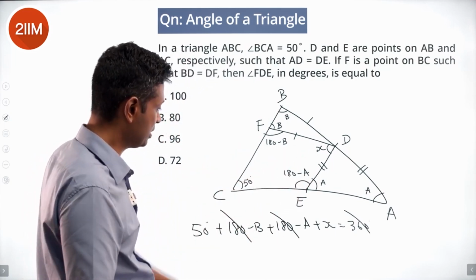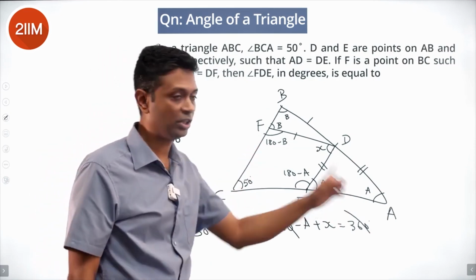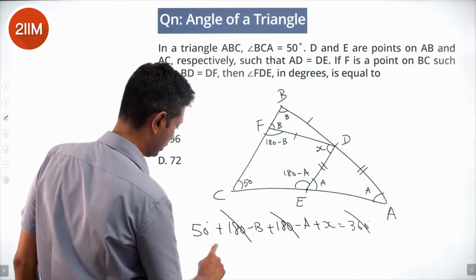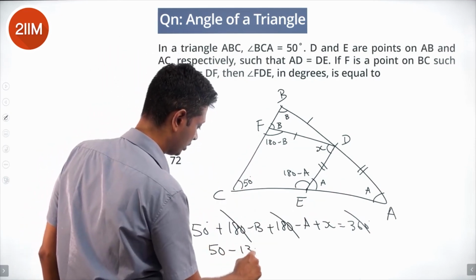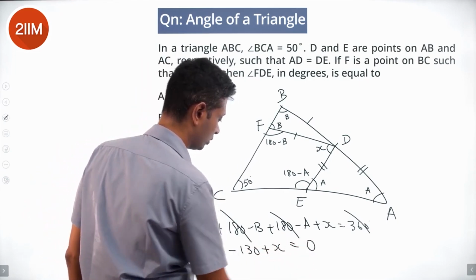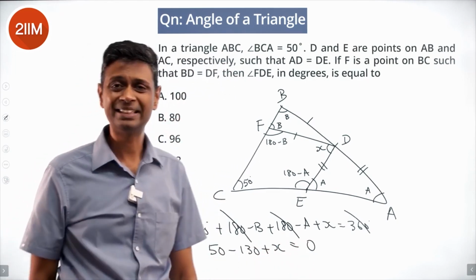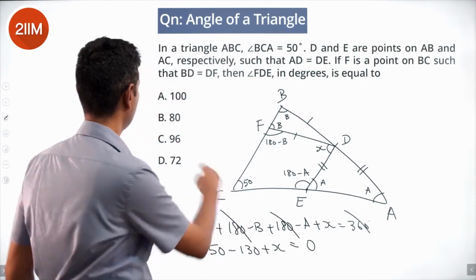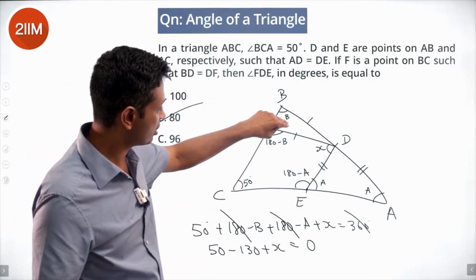A plus B is 130 degrees. So 50 minus 130 plus X equals 0. 50 minus 130 is minus 80. X minus 80 is 0. X is 80 degrees.